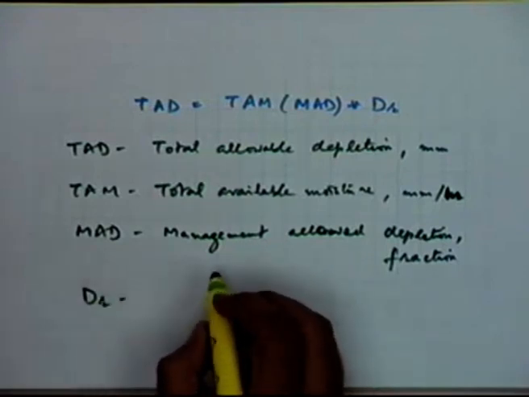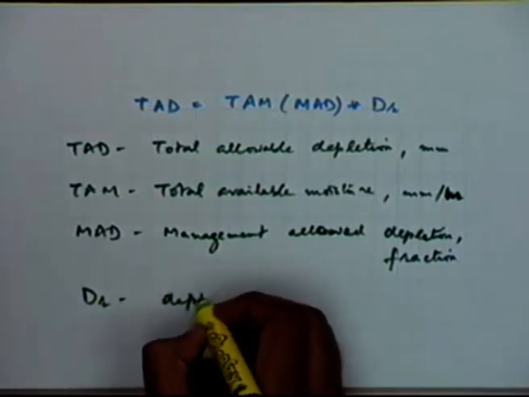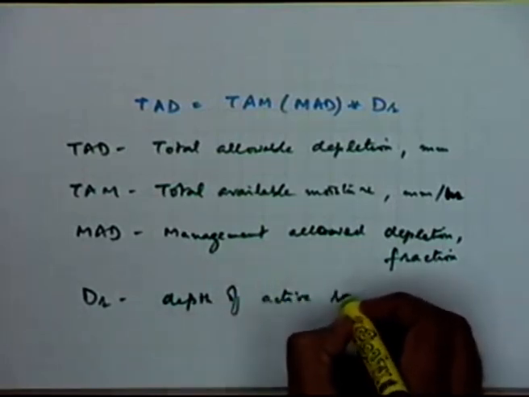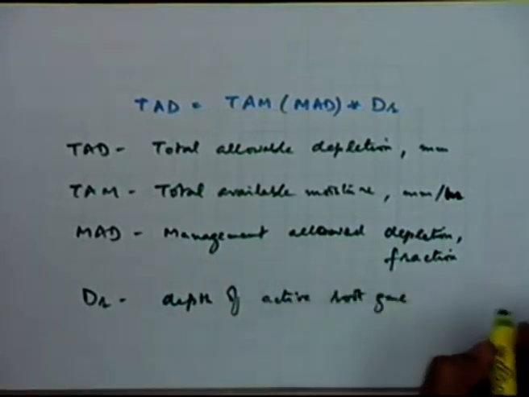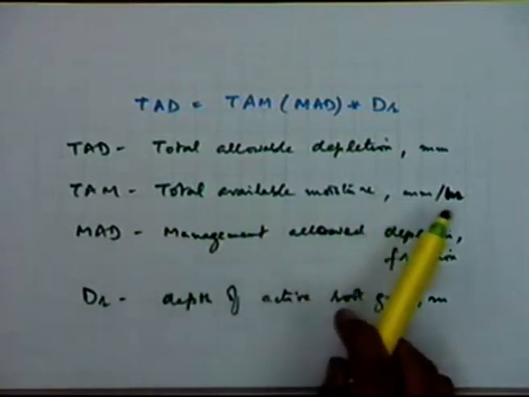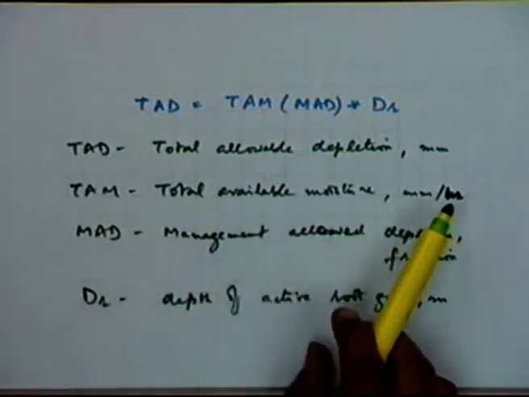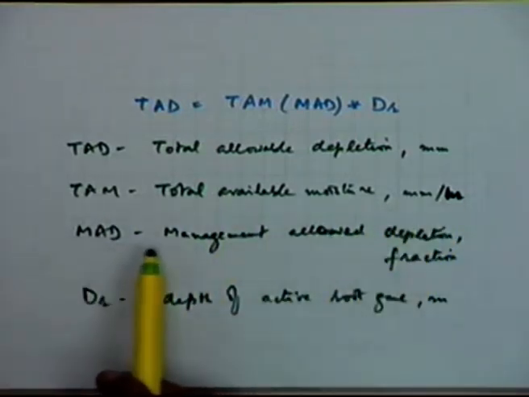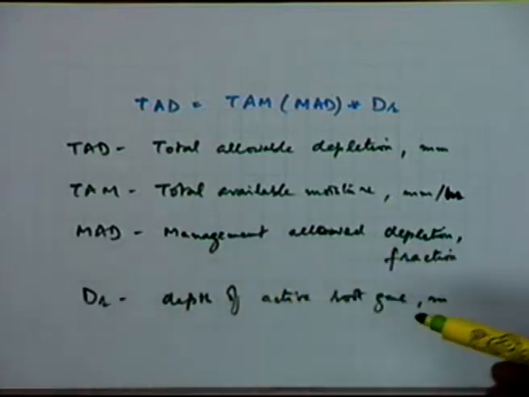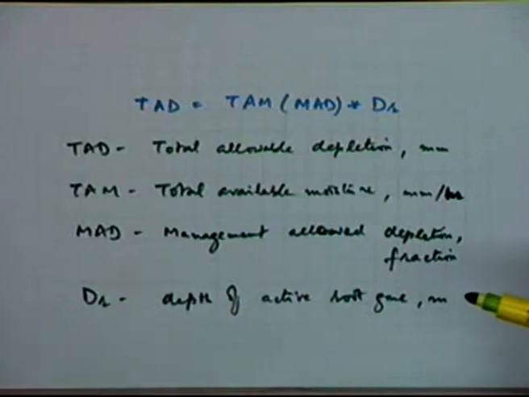And dr is the depth of active root zone or effective root zone, in meters. Now, knowing the total available moisture, which is a function of the soil type, knowing the management allowed depletion, which again depends on the crop type, how sensitive the crop is.